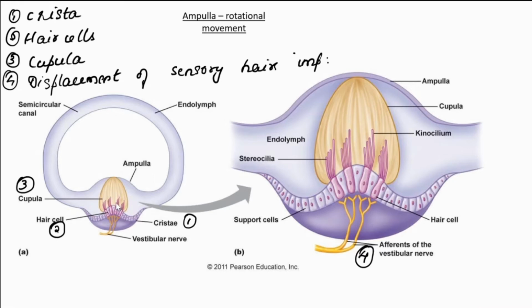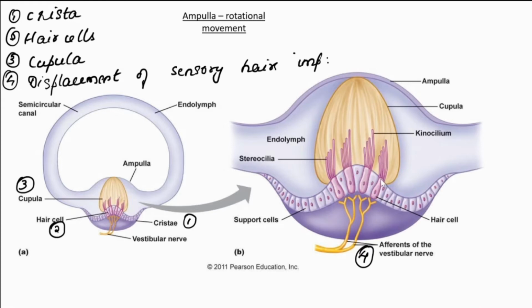Inside the ampulla, there is a receptor organ called cristae. This is the receptor organ. That cristae, in this picture very clearly we can see, is a cluster of hair cells.